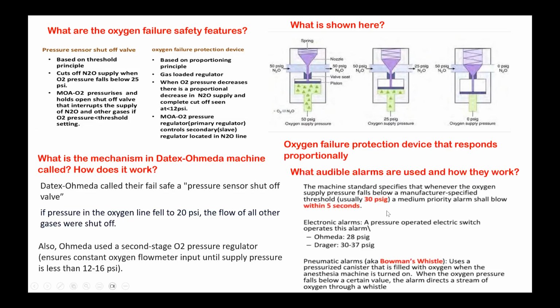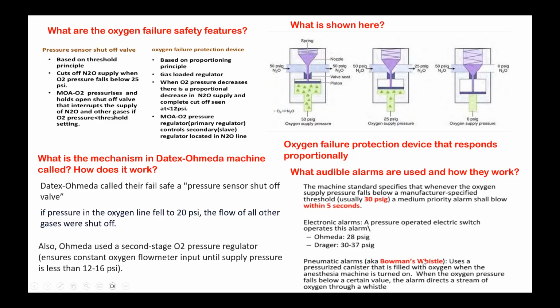And for audible alarms to indicate hypoxemia, there are two methods. One is called the Bowman's whistle, a pneumatic alarm which uses a pressurized canister that is filled with oxygen when the anesthesia machine is turned on. When the pressure falls below a certain level, this alarm will work every time.